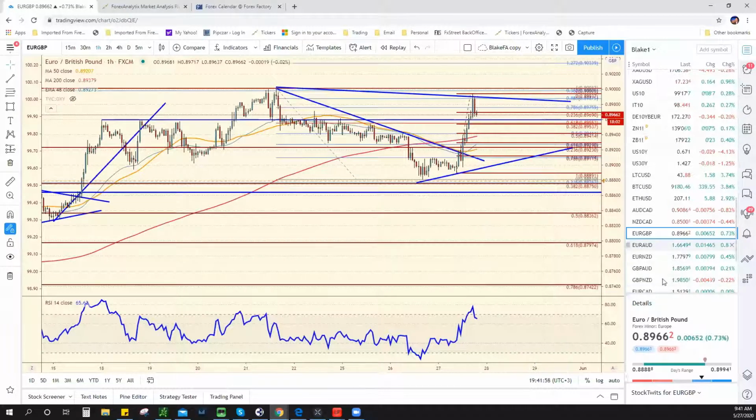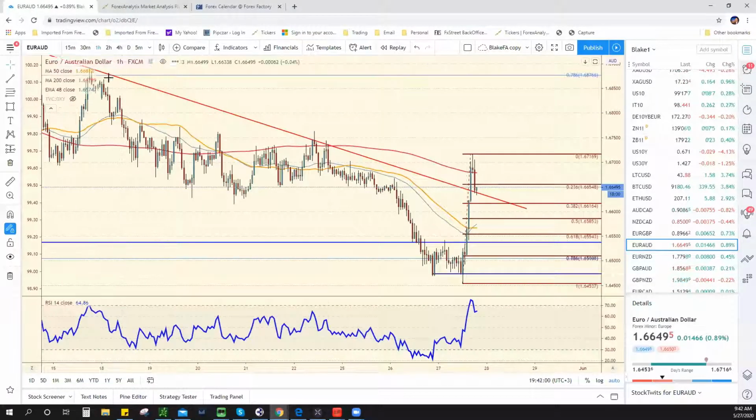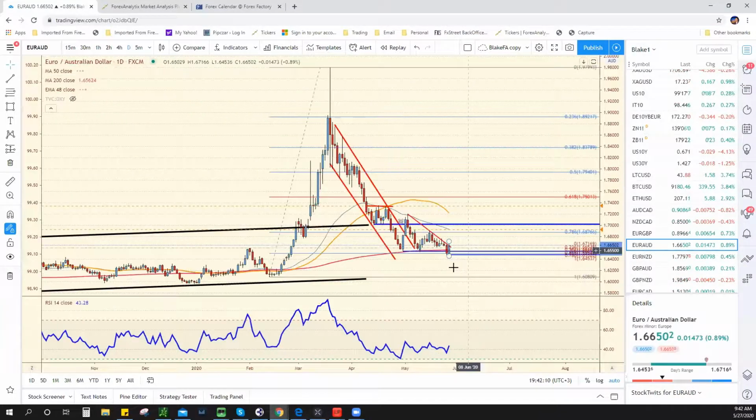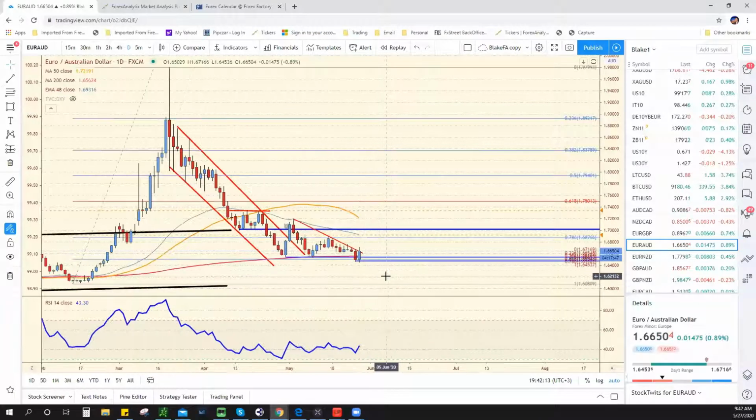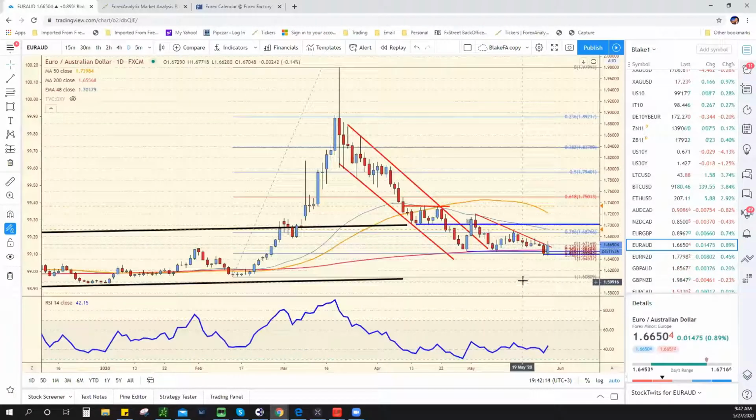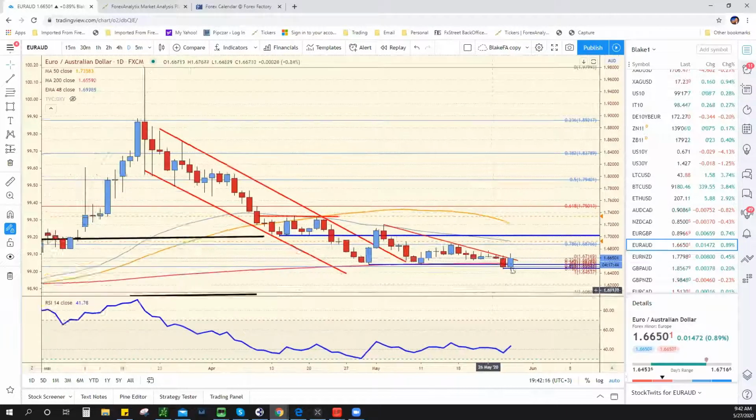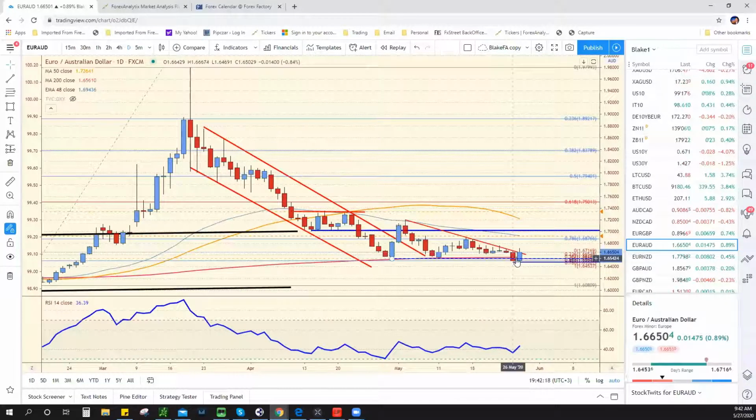I'm also, you gotta watch the Euro Aussie. I just bought it just moments ago off of this trendline support. This is a broken trendline. But what's pretty crazy about the Euro Aussie is this might be a key reversal day here. We're back above the 200-day moving average, false breakdown, outside day.